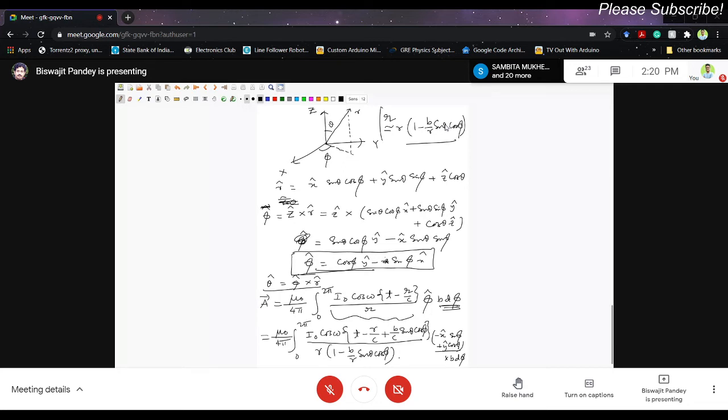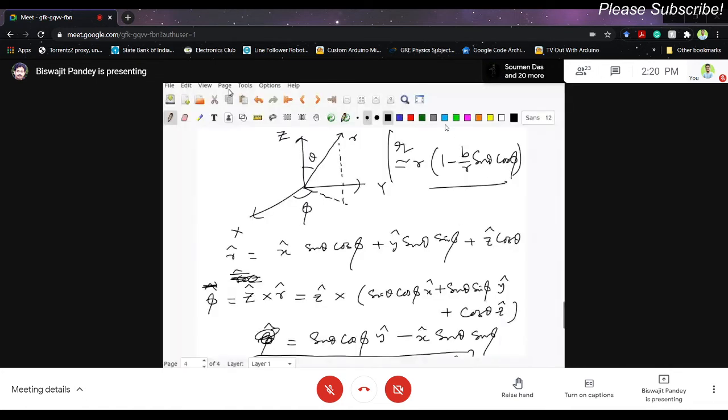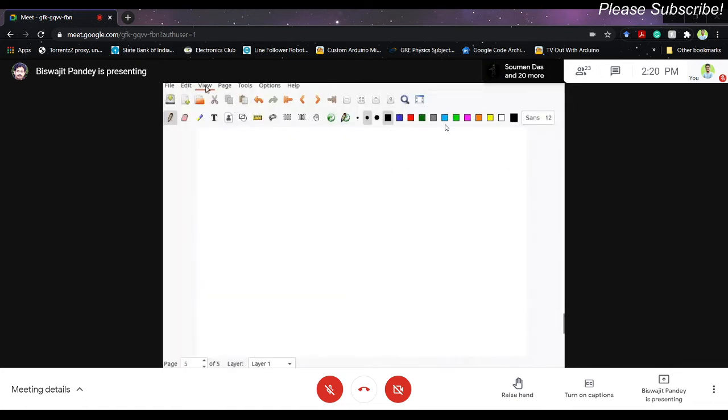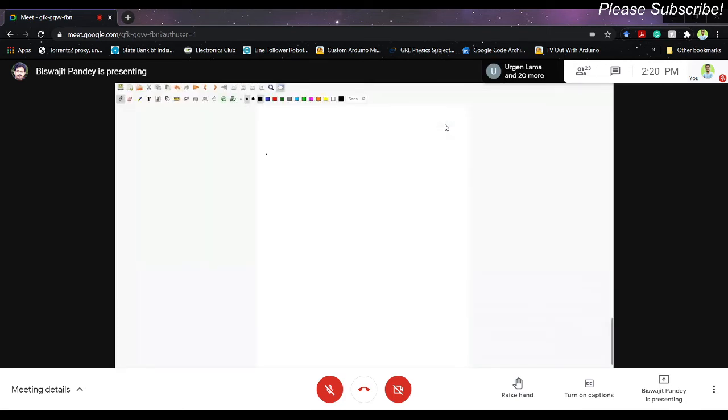So we have to simplify this, keeping in mind the approximation that we have chosen. Let us go to the next page. I'm rewriting at least the beginning part, otherwise it will be difficult to follow.